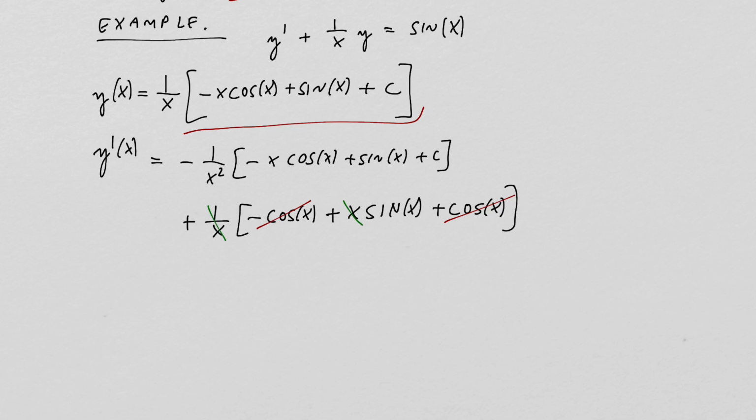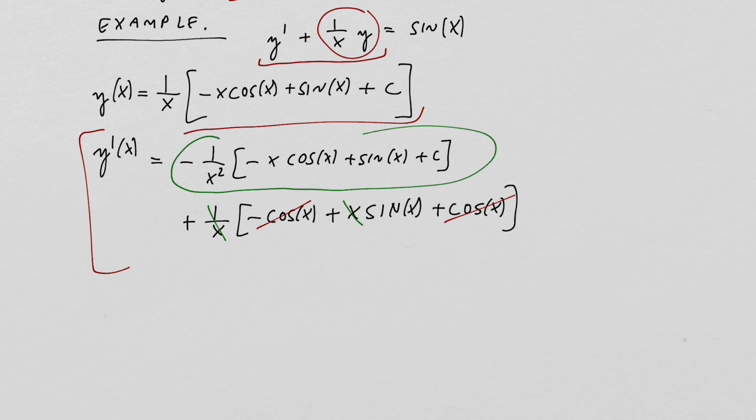Now we see that if we would calculate the left hand side, we would have there this derivative of y, and then plus 1 over x times y. Well, if we calculate what is 1 over x times y, it's something that will cancel out with this factor here. So in the left hand side we'll just get sine of x and the equation is satisfied.